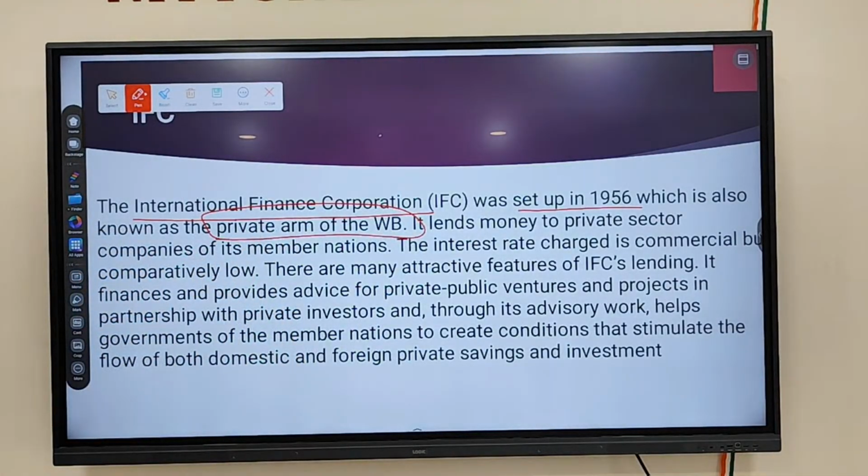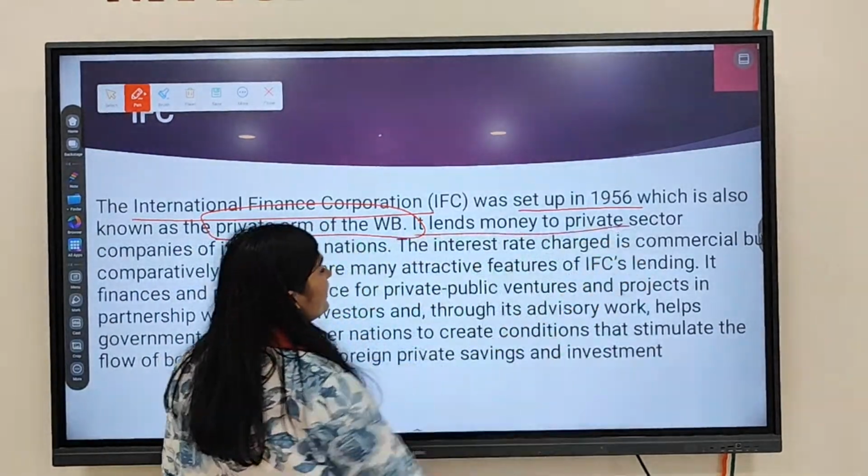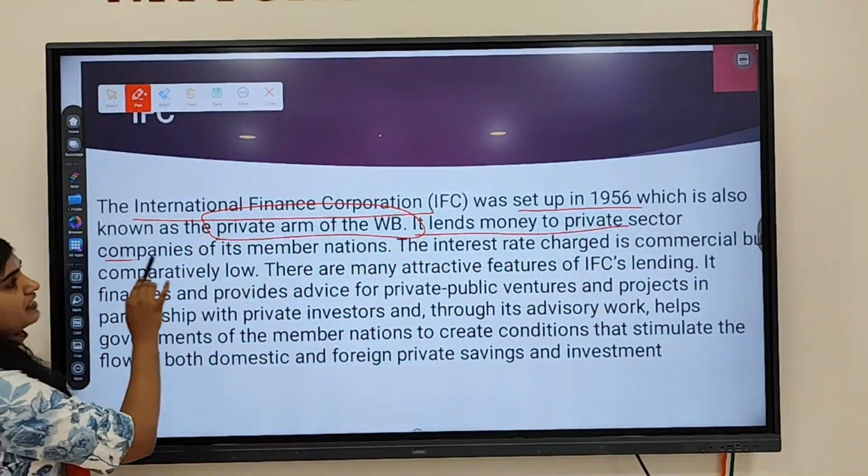Why? Because they will lend loans to the private sector also, not for the government, but for private people like Ambani, Adani. If these rich business people want a loan, they will approach IFC. It lends some money to private sector companies of its member nations.